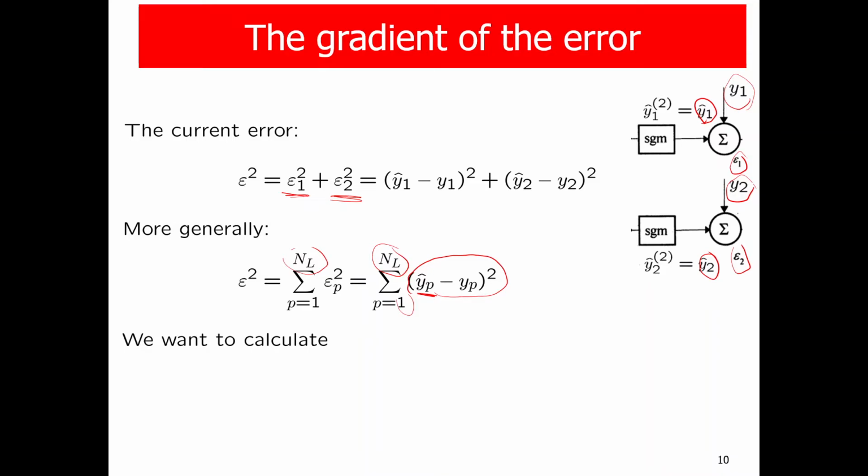To be able to use gradient descent, we will need to calculate the derivatives of epsilon squared with respect to the parameters of the neural network, WLIJ for all layers L and neurons I and J.